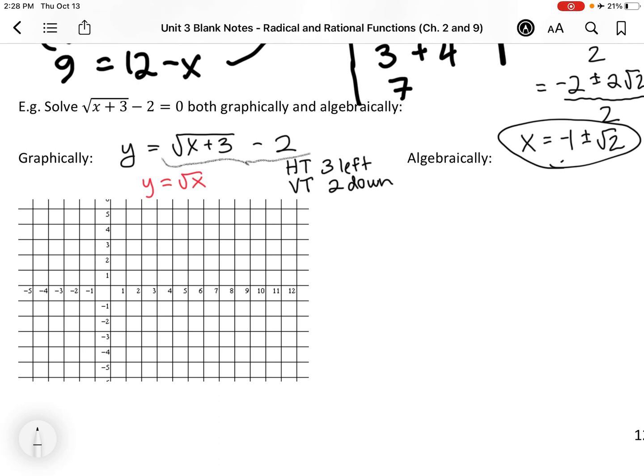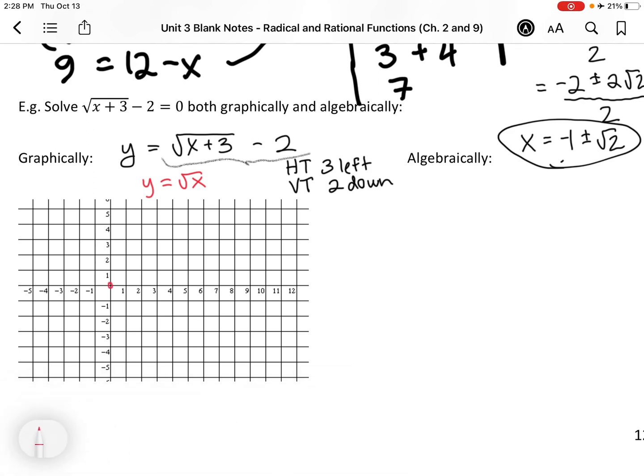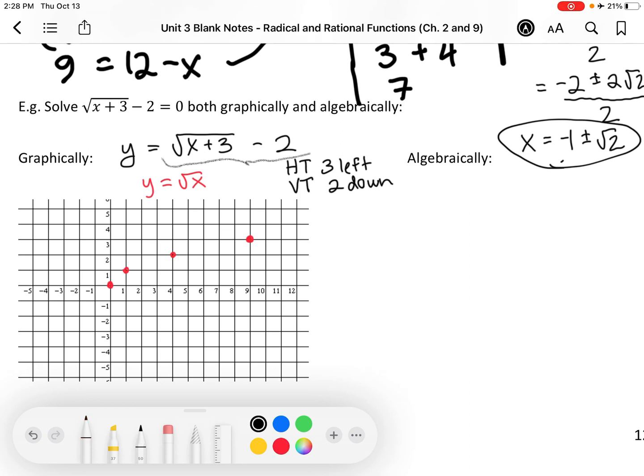So if I wanted to graph this function by hand, I could start by graphing y equals root x. So I'm going to put those points in: (0, 0), (1, 1), (4, 2), square root of 4 is 2, and (9, 3). And each of those red points, I'm now going to move 3 left and 2 down.